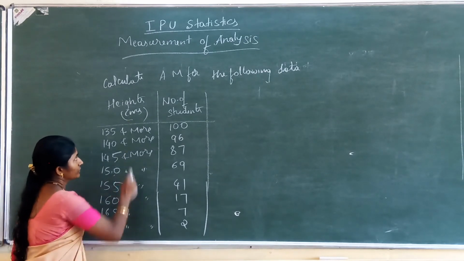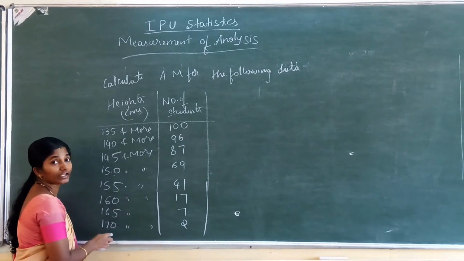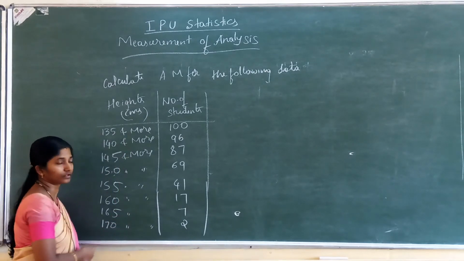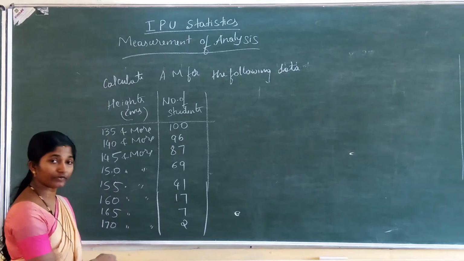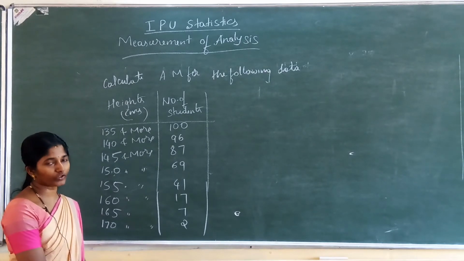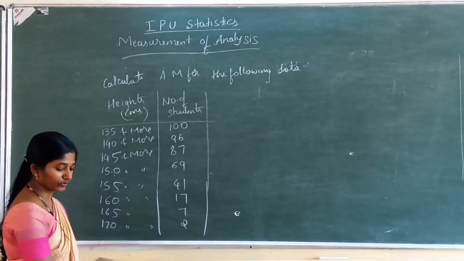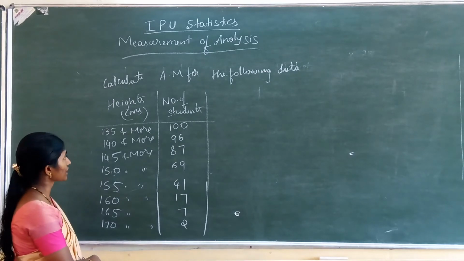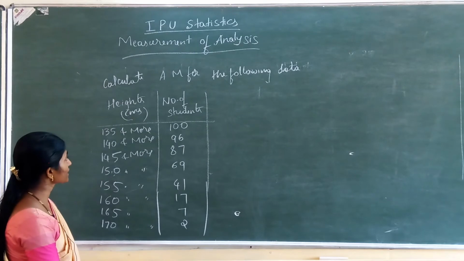Observe the data, which is given in the more than cumulative frequency distribution. The given distribution is known as which one? MCF, the more than cumulative frequency distribution. Here lower limits and MCFs are given.